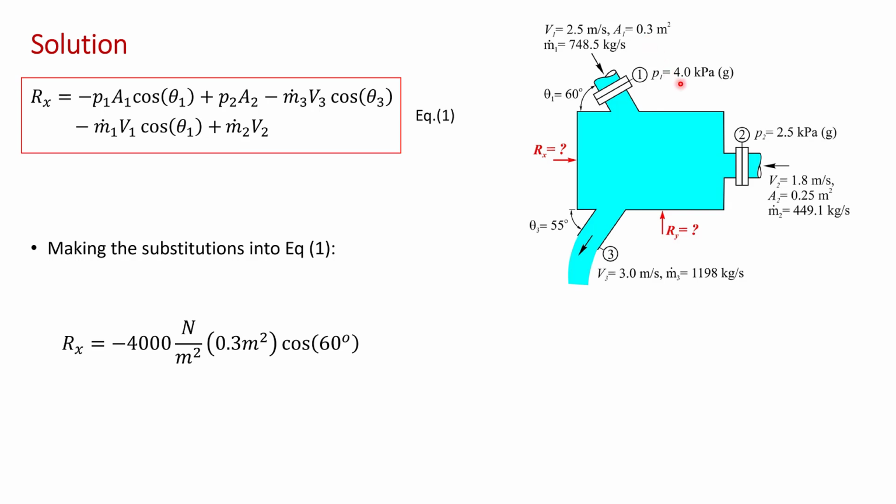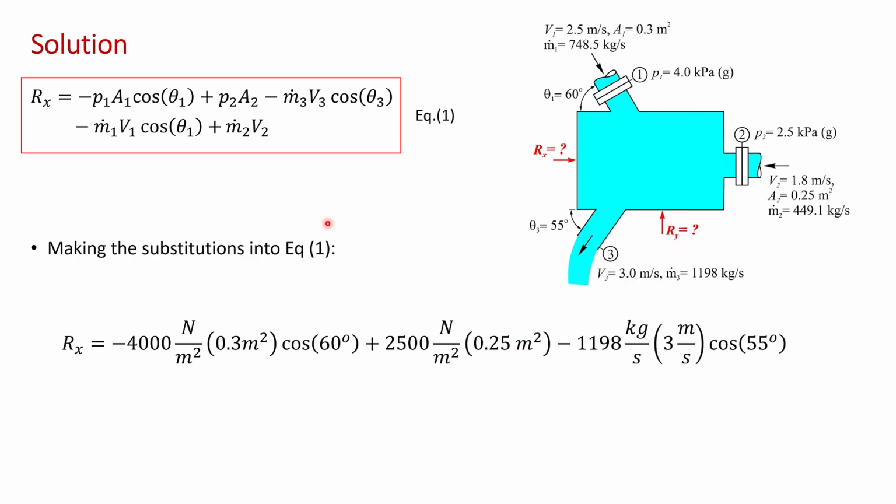So that's going to be 4,000 newtons per meter squared times A1, which is 0.3 square meters times the cos of theta 1, cos of 60 degrees. So that's correct. Next, we do P2A2. P2 is 2,500 newtons per meter squared times the area that we just calculated as 0.25 square meters. So that term is correct.